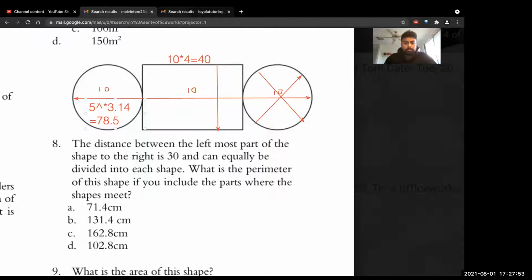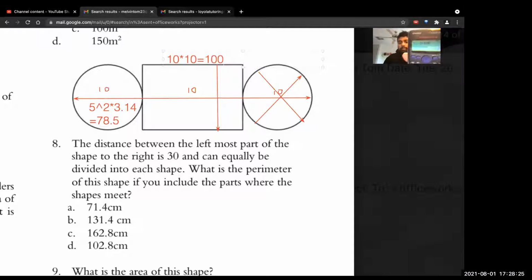All right. This semicircle has the same area as this circle, so you just add them twice. Now you go to your square. How do you find the area of a square? You just do 10 times 10, and that gives me 100. So to find the area, you do 78.5 times 2 plus 100.